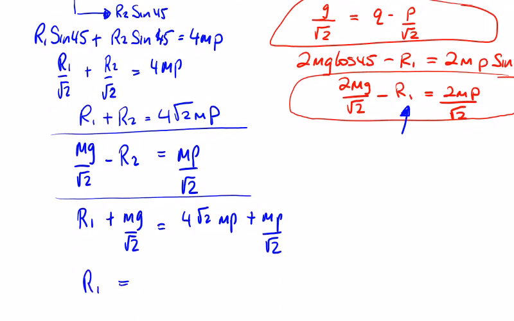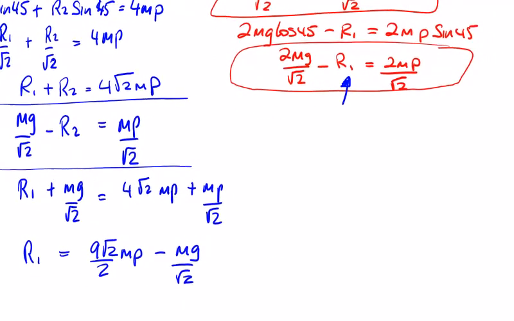So R1 is equal to, let's simplify this, 4 root 2 plus 1 over root 2. That'll give me 9 root 2 over 2. So 9 root 2 over 2 mp minus mg over root 2.